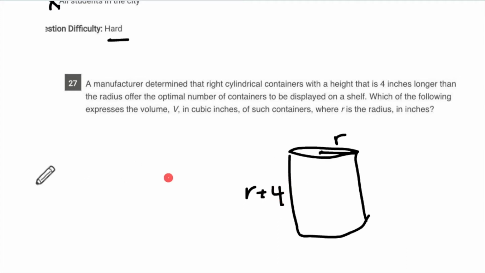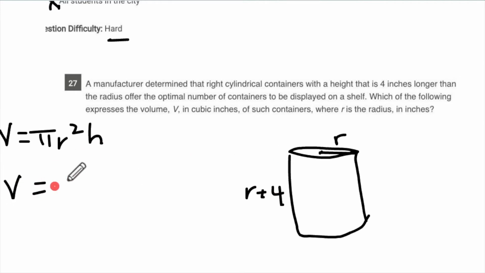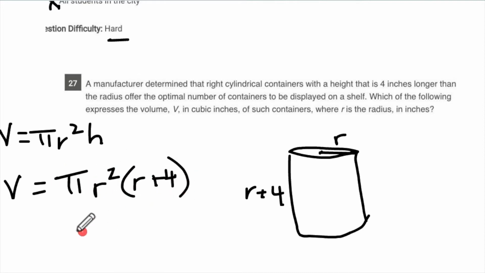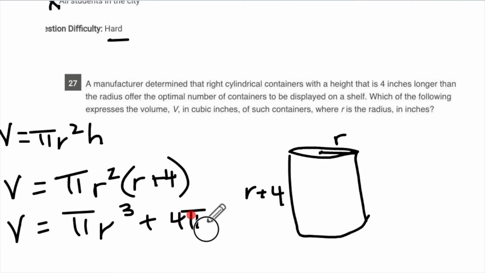I'm going to use the volume equation, which says volume equals pi r squared h. It's one you need to know, which is just the area of a circle times the height. I'm just going to plug these things in. So volume equals pi radius squared times r plus 4. And if we distribute this through, it's going to be volume equals pi r cubed plus 4 pi r squared.